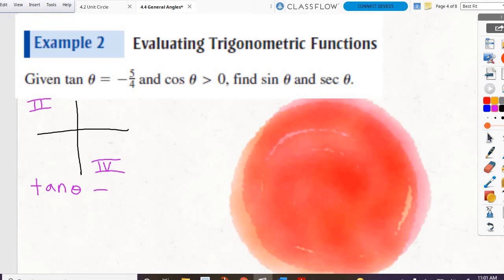So how do I know which one of those it is? Do they give us any other information? Yeah. Which means cosine has to be positive. So where is cosine positive? 1 and 4. Well, the only place that both of those happen is in our 4. Are we okay with that? Yes?